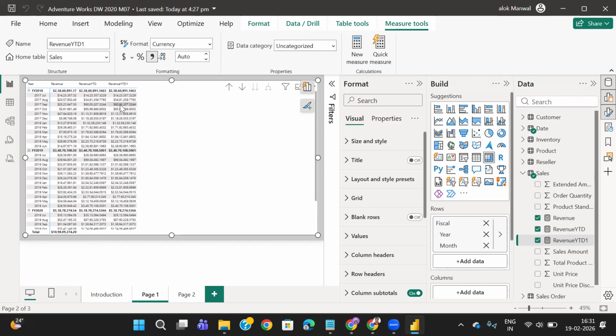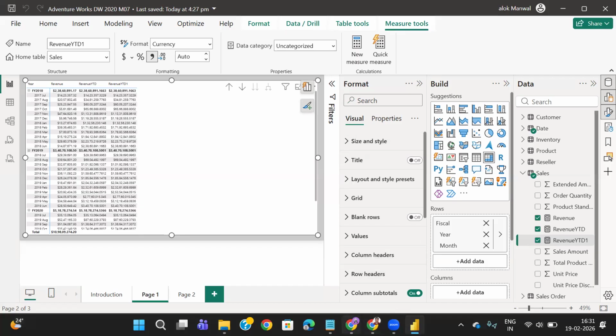That should be my result. And in October, what should I see? I just want to see August plus September plus October. And in November, I just want to see September plus October plus November. This is called cumulative.